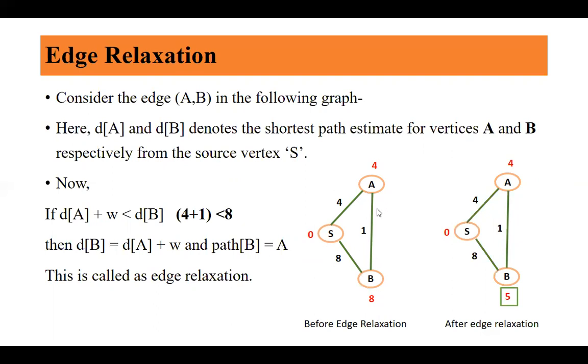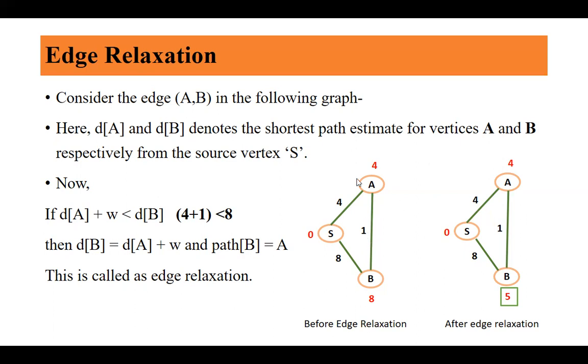I can even reach B from A. So I can go from S to A, then A to B. If I take the path from S to A and A to B, the distance will be less compared to S to B. How? Let us calculate the distance of B. The distance of B is the distance of A, that is 4, plus the weight on AB, that is 1.